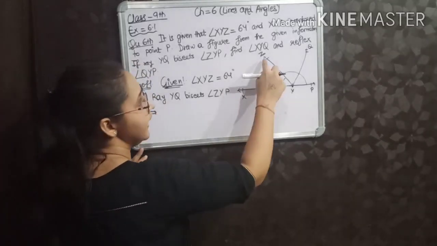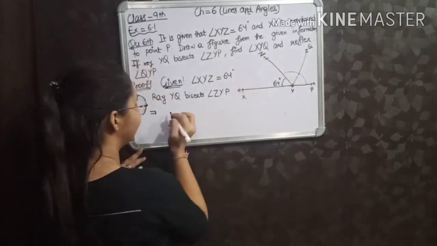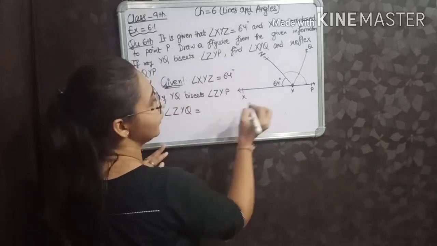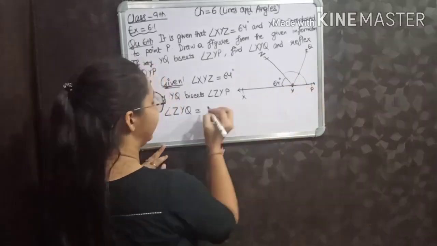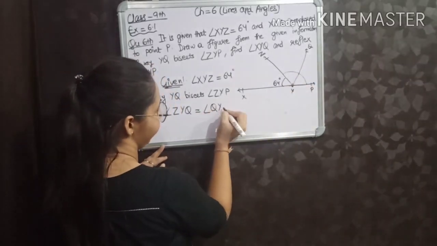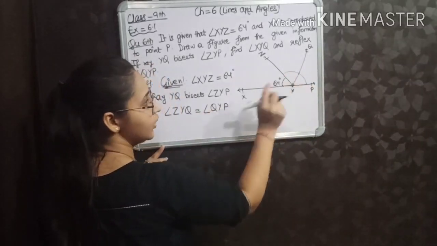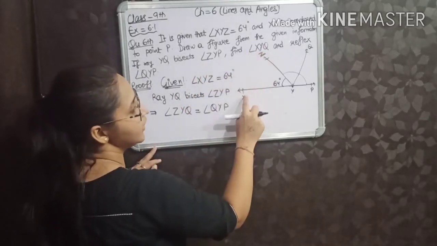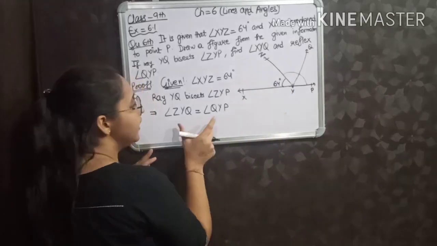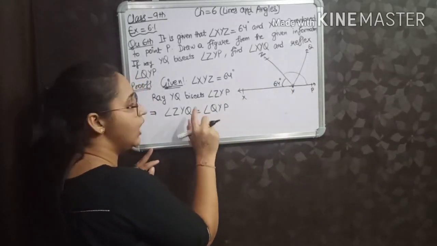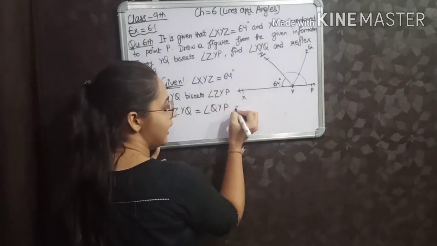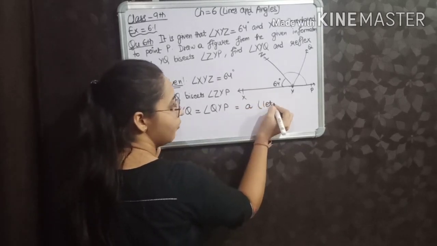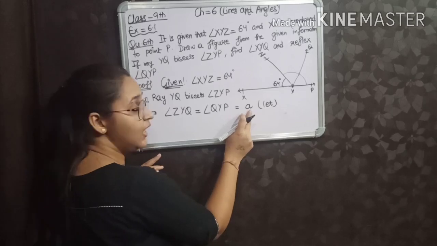It implies angle ZYQ is equal to angle QYP. This angle is equal to this angle. Now we have to find angle XYQ. If these two angles are equal, I can consider both of them as angle A.